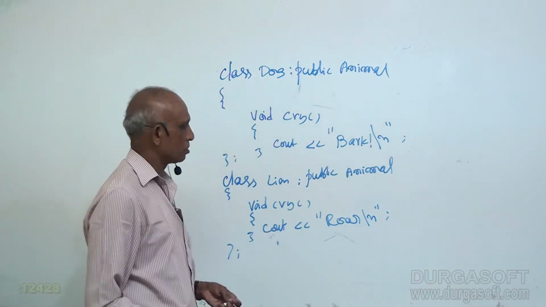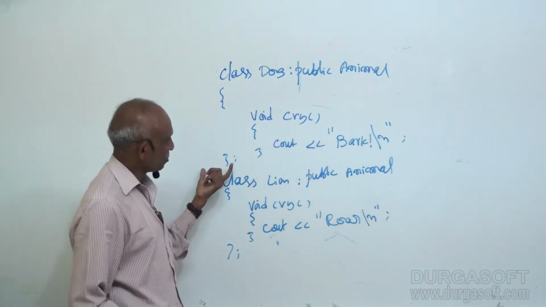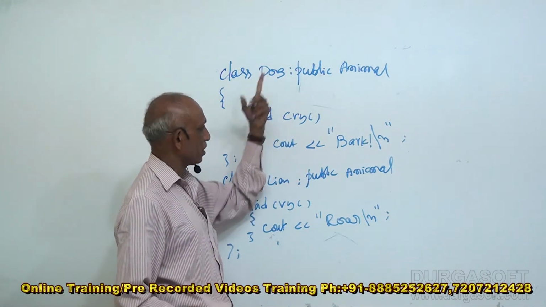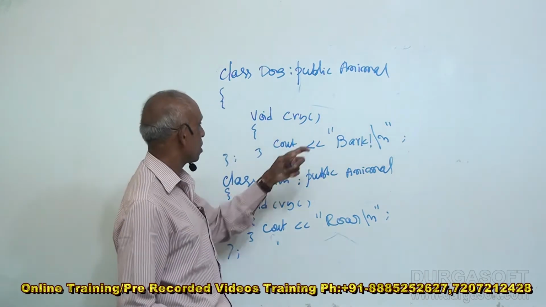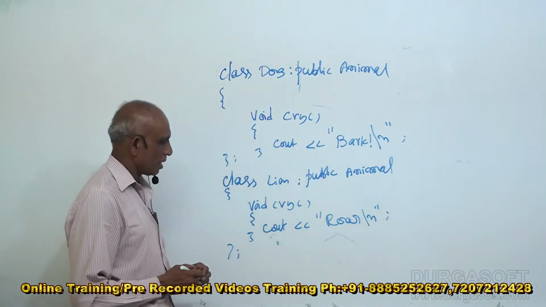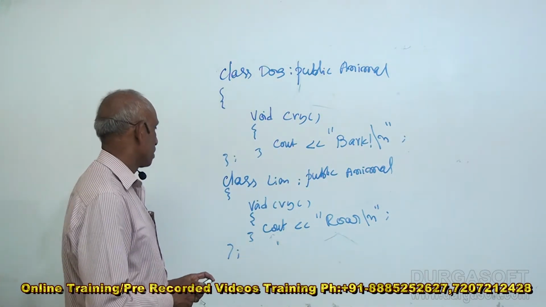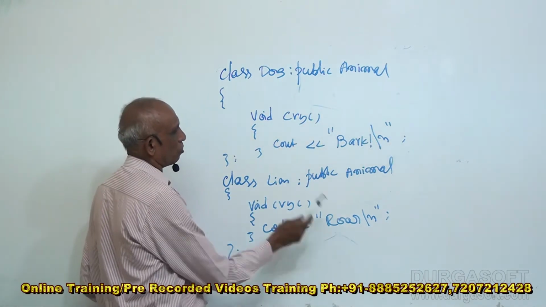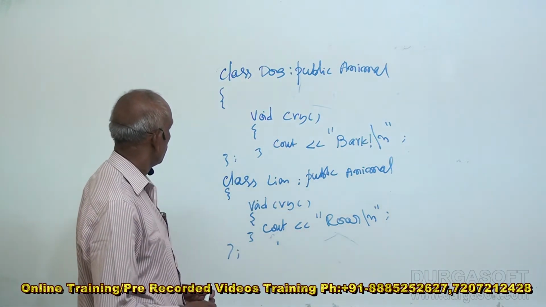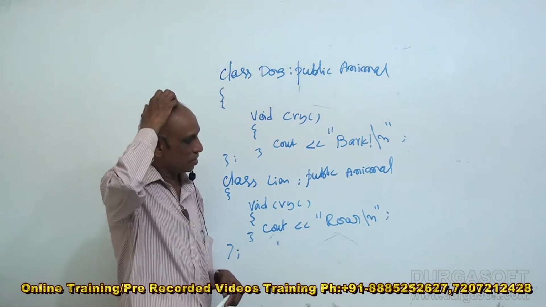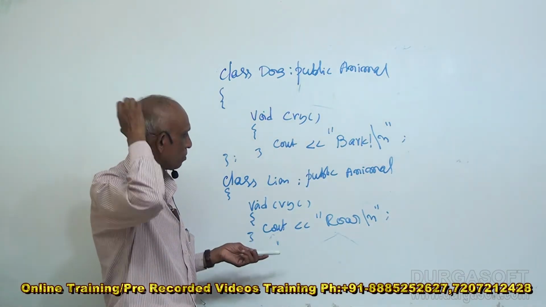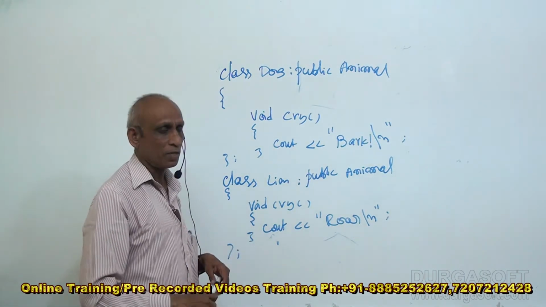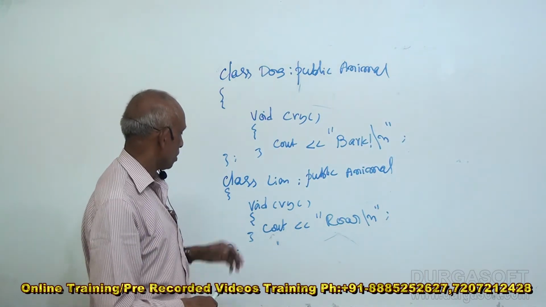This is the Lion class. So the Dog class has overridden the cry function, the pure virtual function of the Animal class, with bark, and the Lion class has overridden the Animal class cry function with roar. So this is the purpose of the abstract class. These two classes are derived from the abstract class and overridden the pure virtual function of the abstract class.